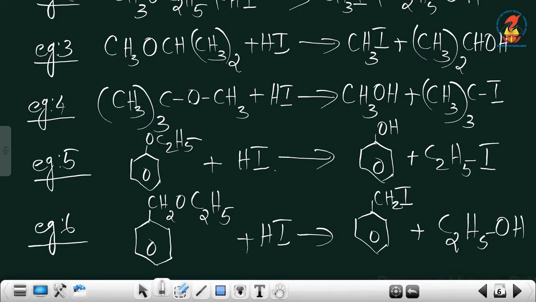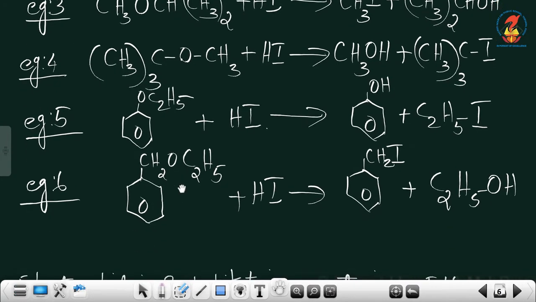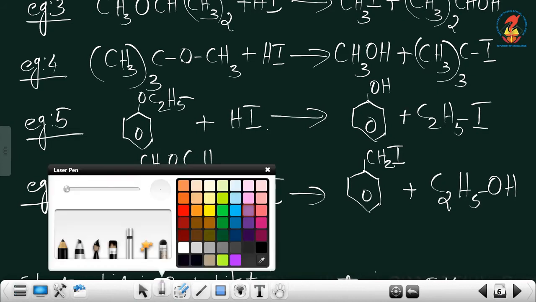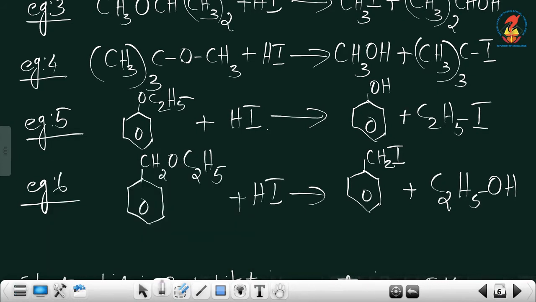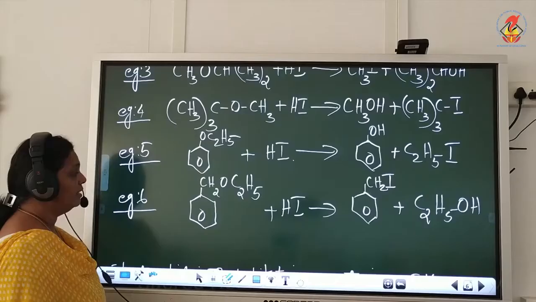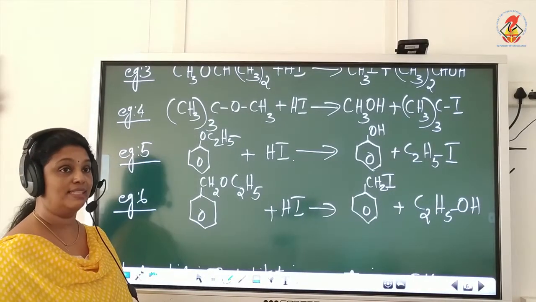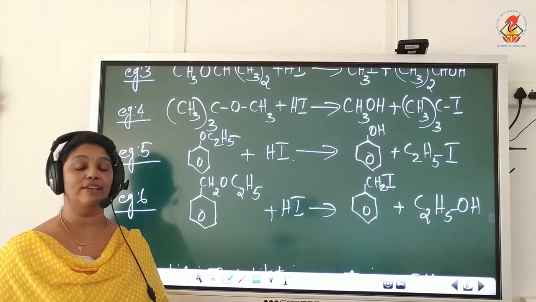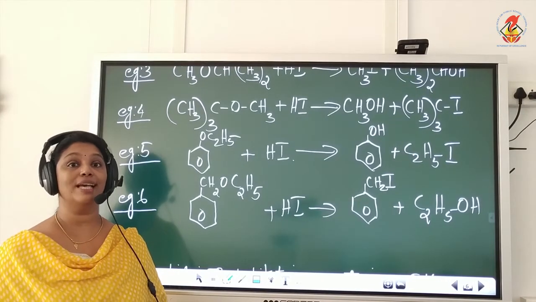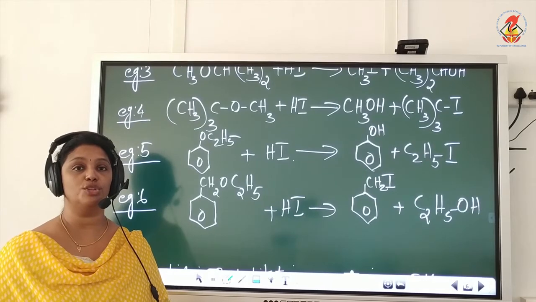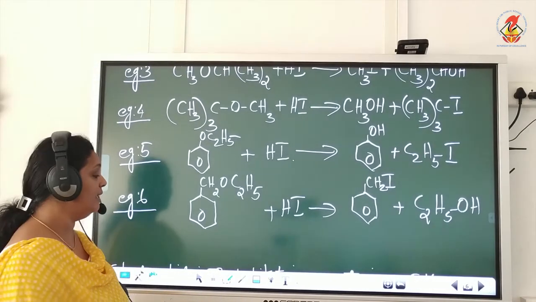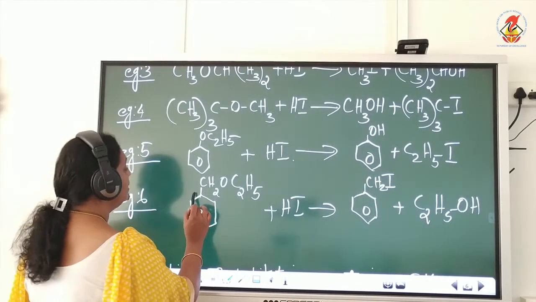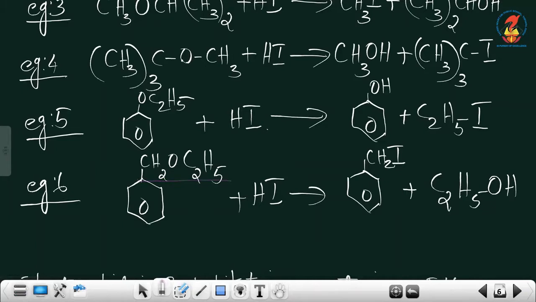Now example 6 is a benzylic ether. You know the formula of benzyl alcohol, C6H5CH2OH, and benzyl chloride, C6H5CH2Cl. Now this is a benzyl ether, that is C6H5CH2OC2H5.